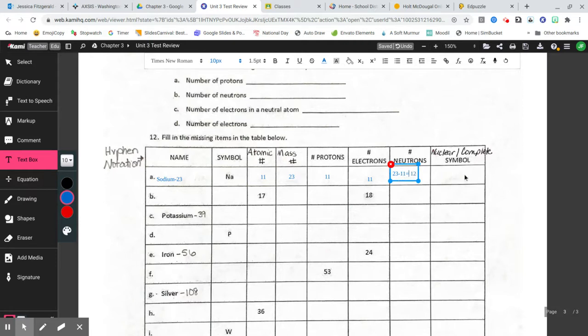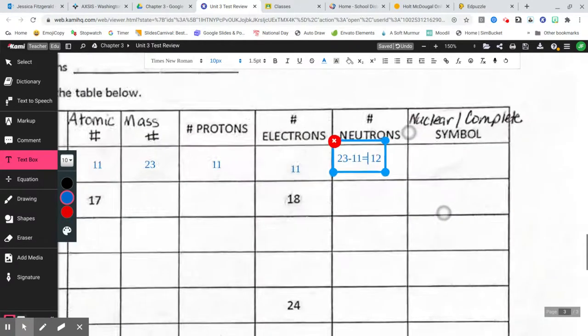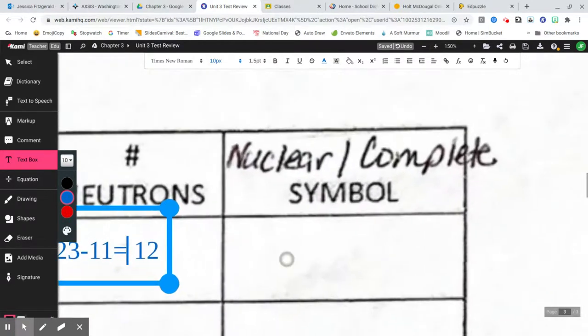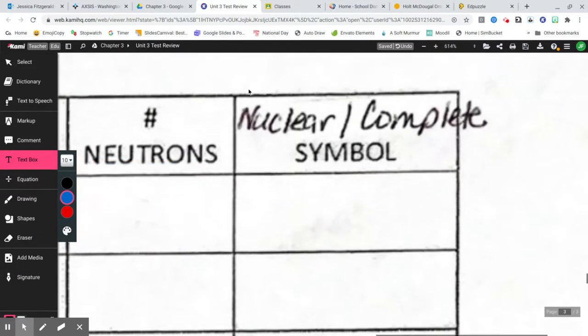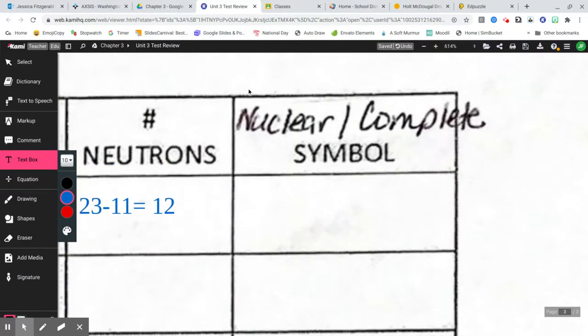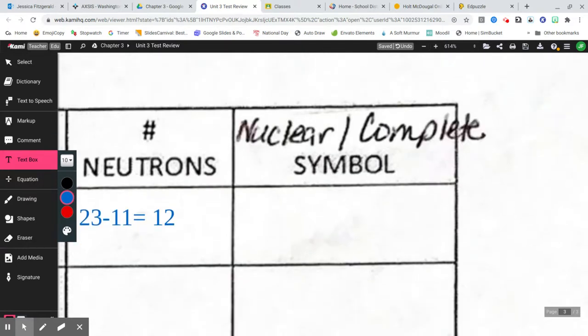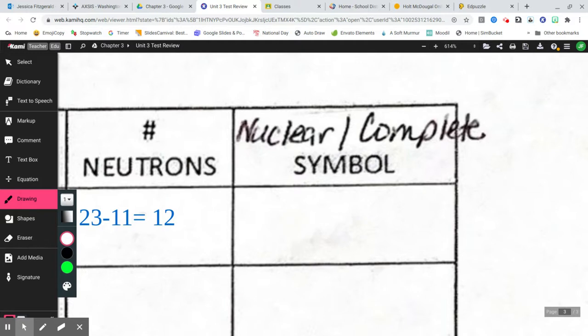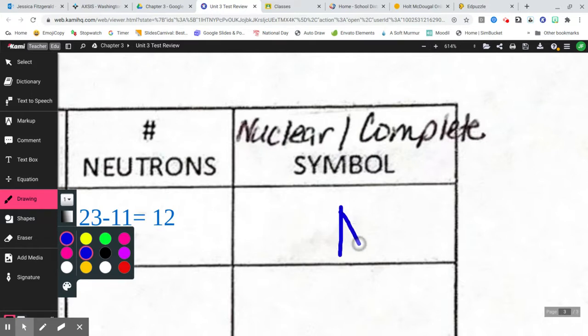And then you're going to write your element symbol. And notice it says it wants the nuclear or the complete element symbol. So with this one, you're going to write your element symbol.